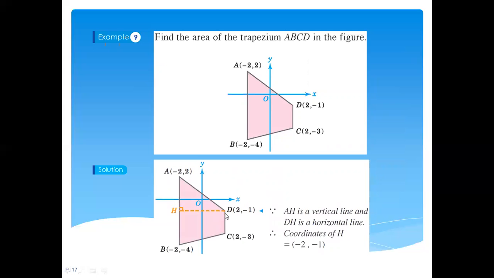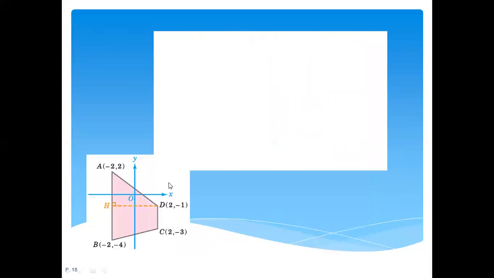Therefore, you should construct a line which is perpendicular to the two bases. Now DH is the height. While the coordinates of H, in the same column, -2, at the same level as D.